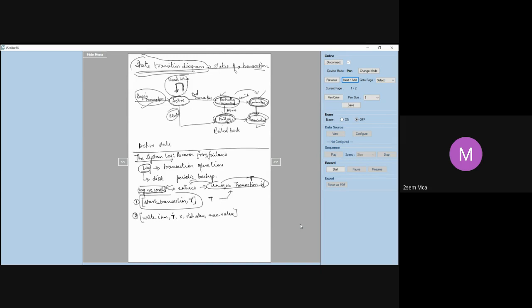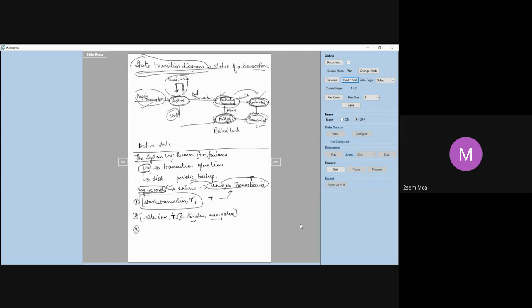What does this indicate? It indicates that transaction T, identified by its unique identifier, has changed the value of X, your database item, from the old value to the new value.